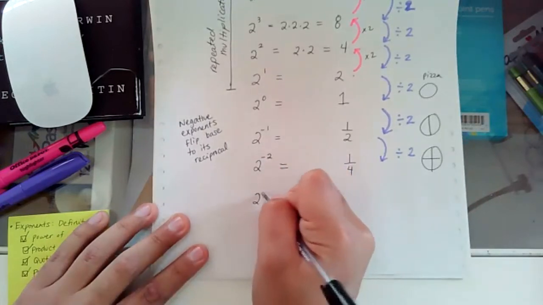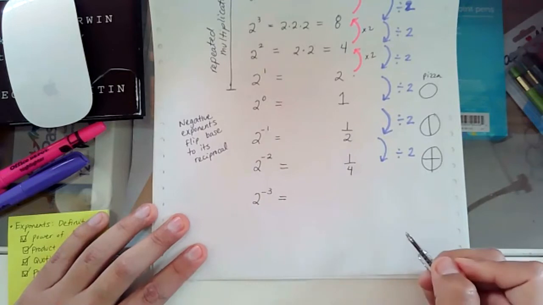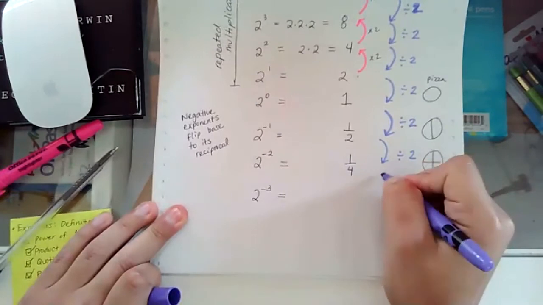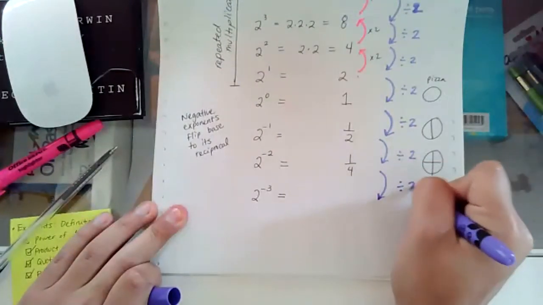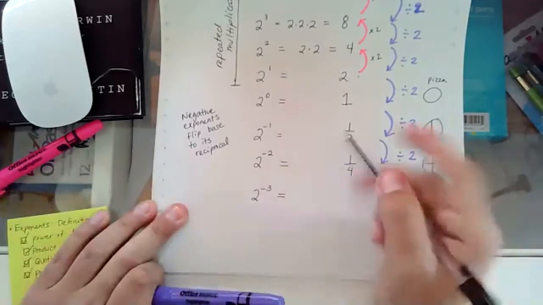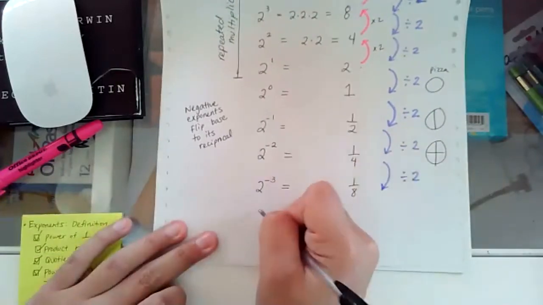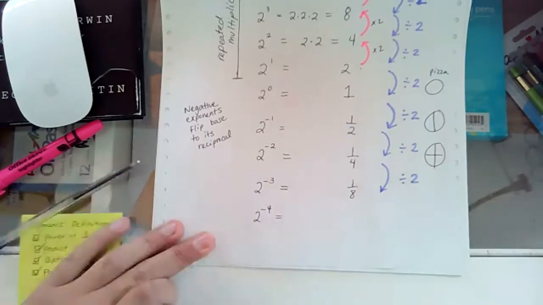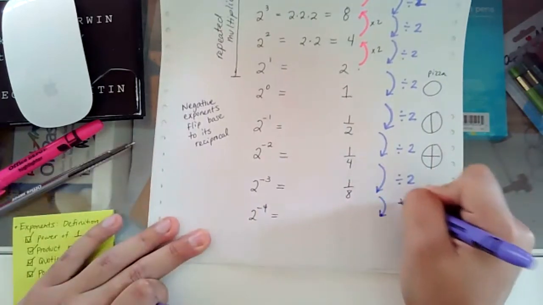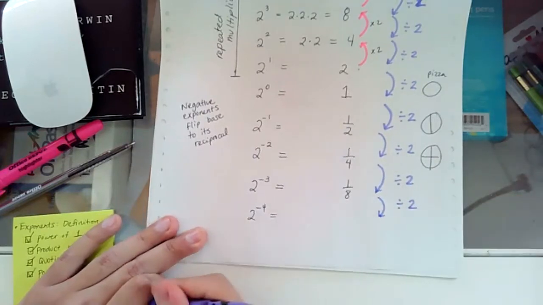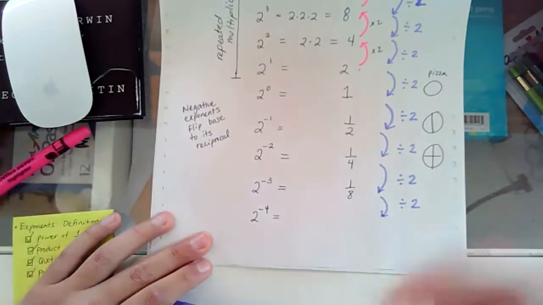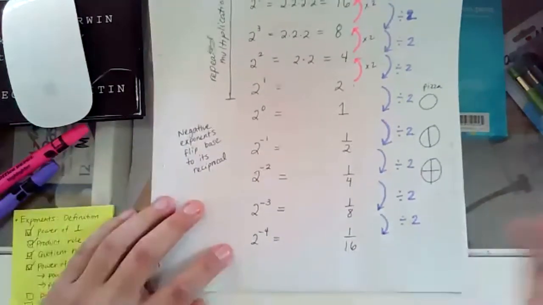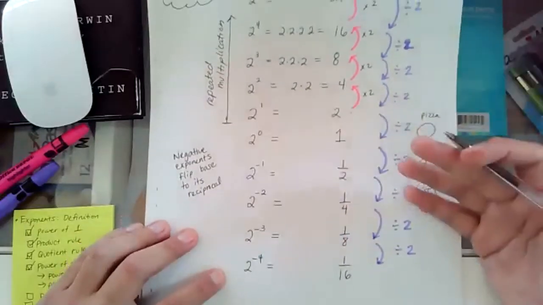So can anybody guess what 2 to the negative third power will be? An eighth? Yeah, 1/8. And 2 to the negative fourth power? One 16th? Yeah. But notice something about this little pattern that I've established.